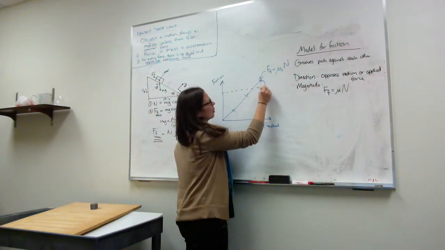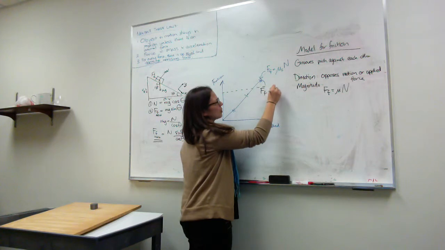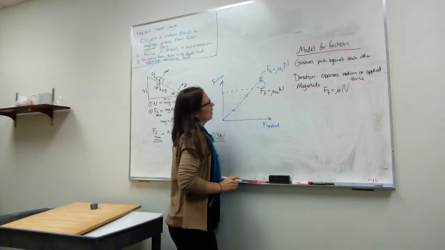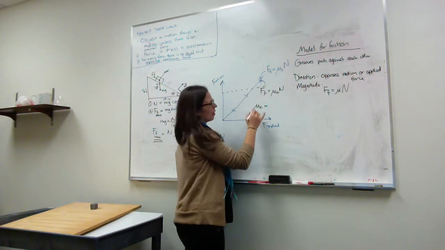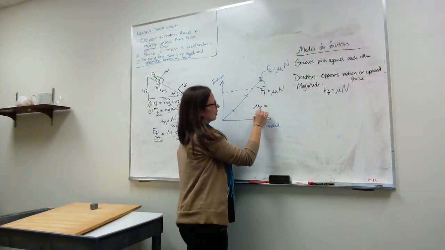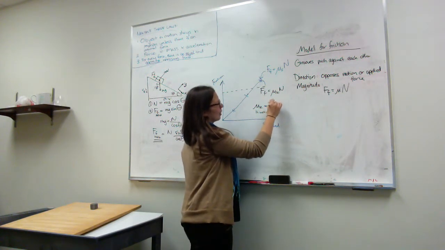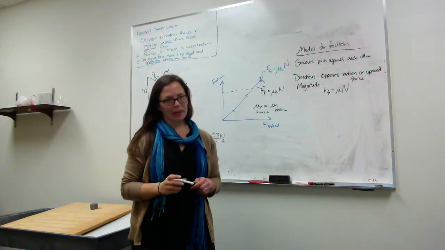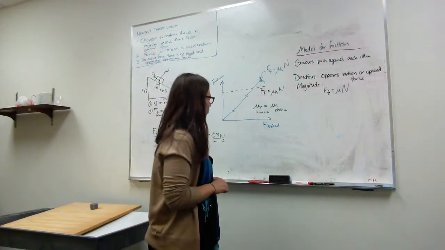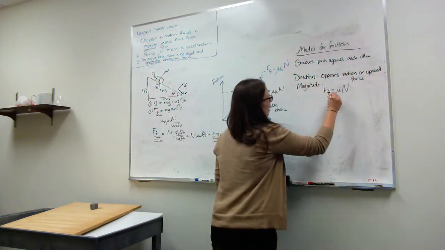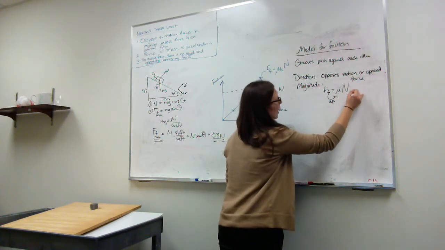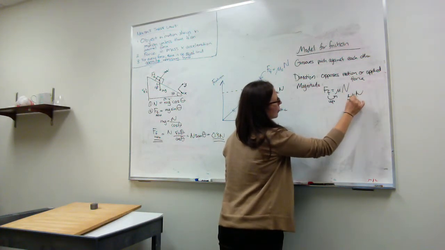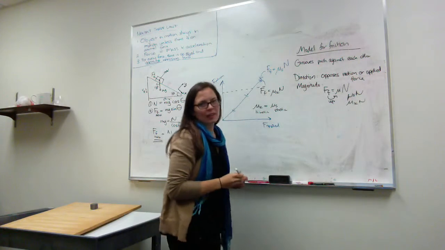So F sub F is equal to mu sub k times N. And mu sub k, the coefficient of kinetic friction, is always lower than the coefficient of static friction, exactly because of our model. So the frictional force is up to mu sub s times N or mu sub k times N.